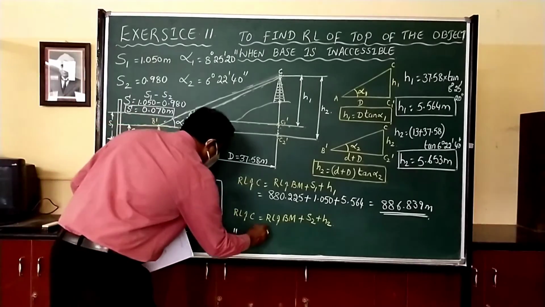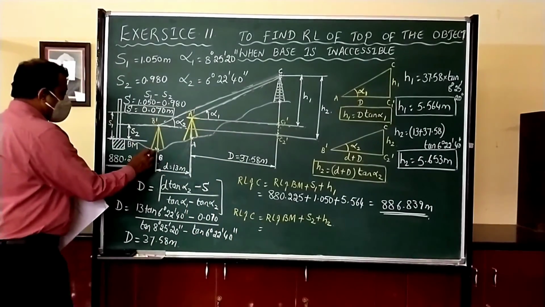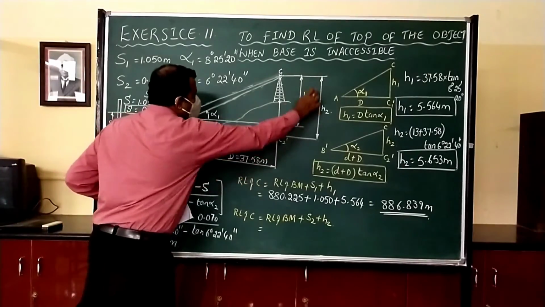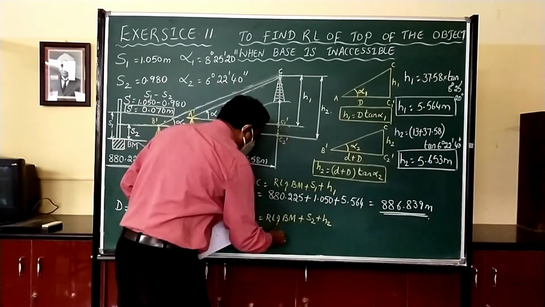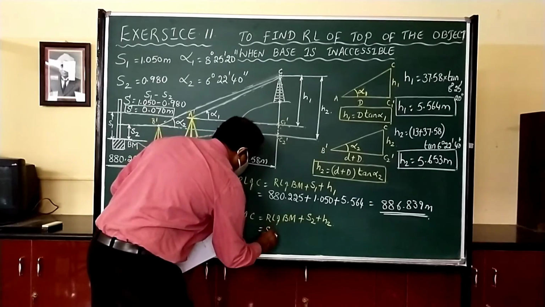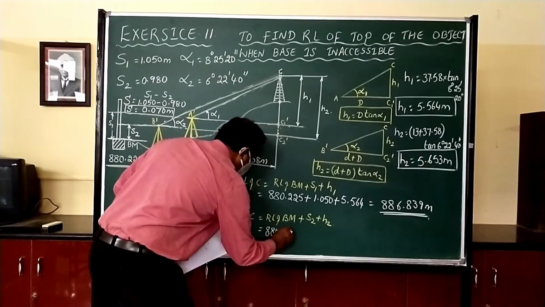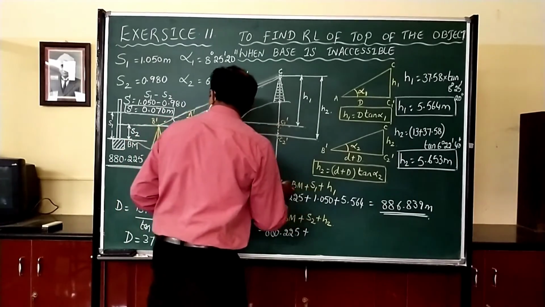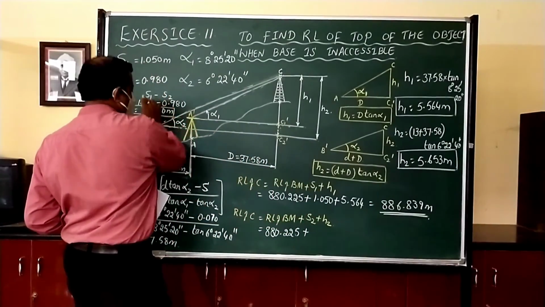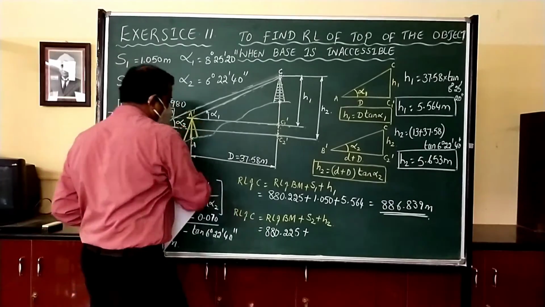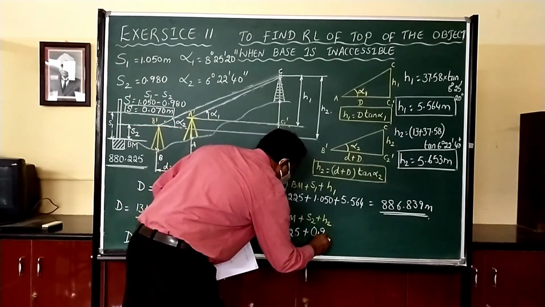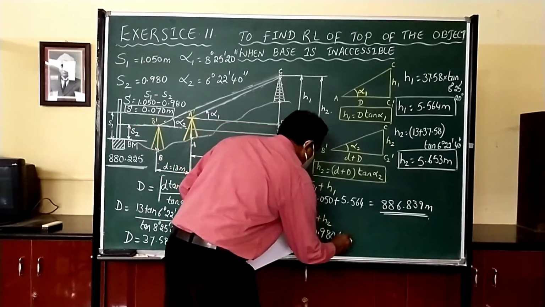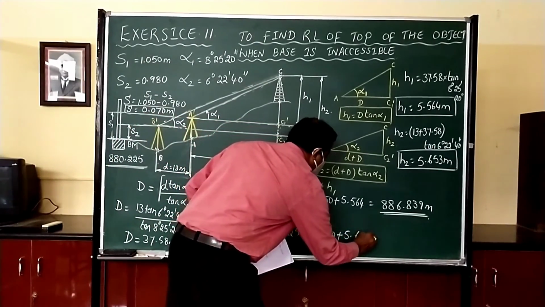Similarly, observation from B. RL of benchmark plus S2 plus H2. Let us find out the value. Now, RL of benchmark is 880.225 plus S2, S2 is 0.980, plus H2, H2 is 5.653.